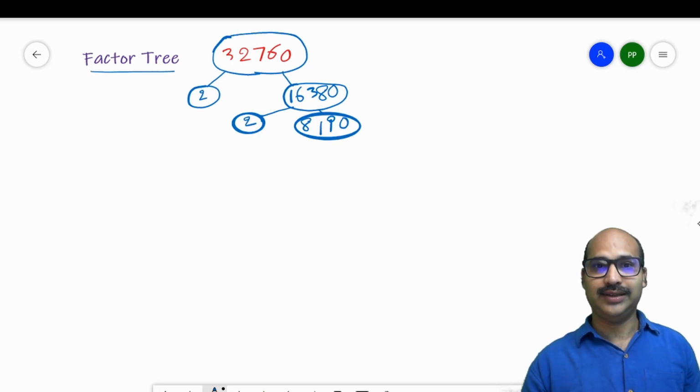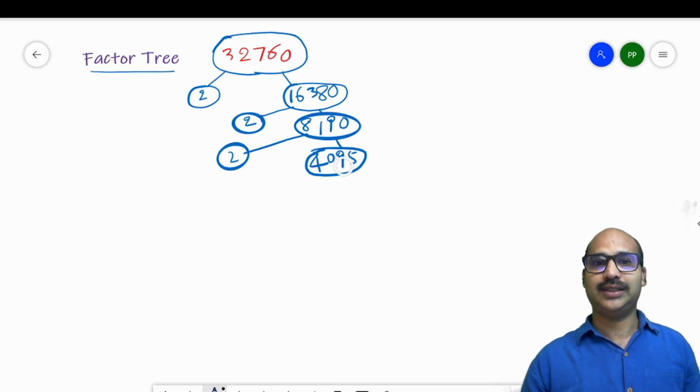Again this can be factorized with 2. 2 fours are 8, 1 9 is there here, so 2 nines are 18, 0. 2 fives are 10. So 4095 here. Now this is 9 plus 4 is 13 plus 5 is 18, divisible by 3.